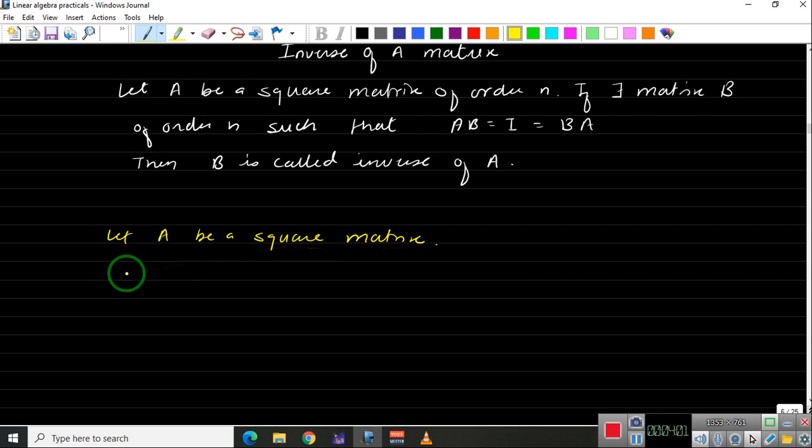To find A inverse, we take the augmented matrix.